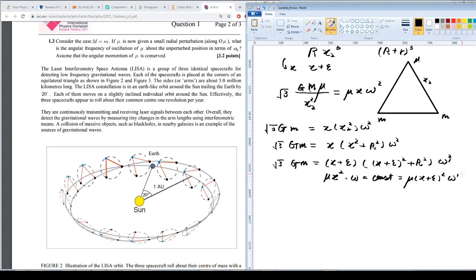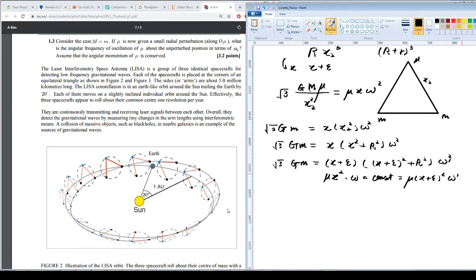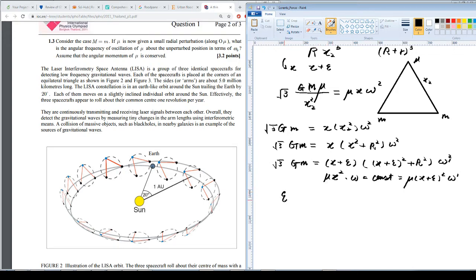So that's our two equations. What we can do from here is to again establish a relationship where epsilon double dot is proportional to epsilon.